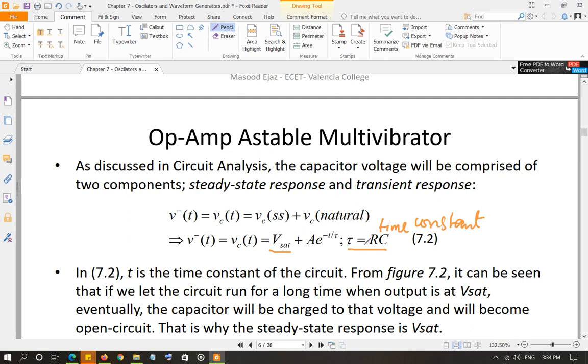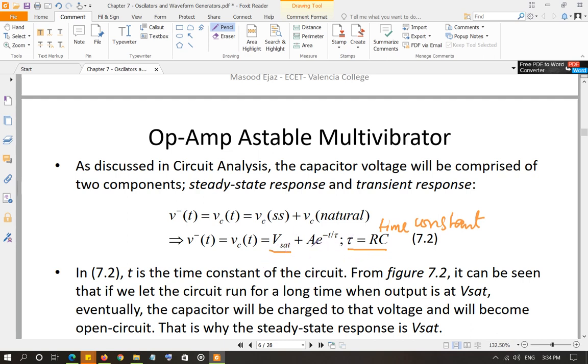So what is the time constant again? The time constant is the time in which the capacitor voltage drops down to 36% of its maximum value. So that's one time constant.